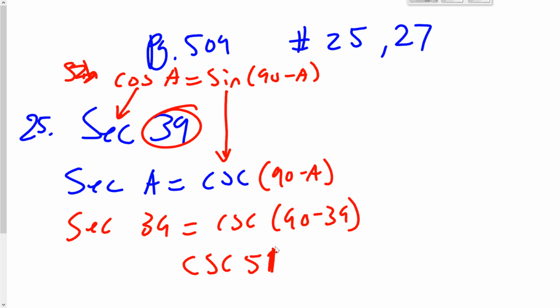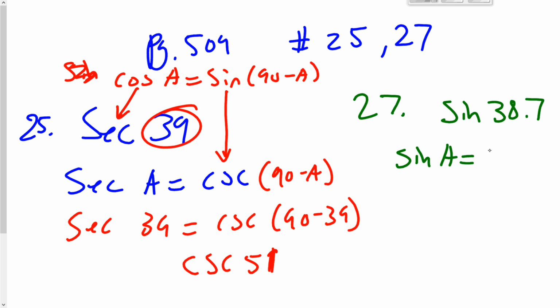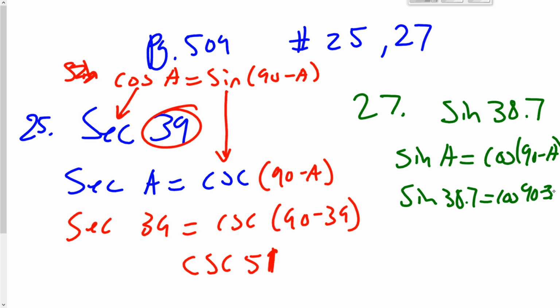Okay, and then we have number 27. Number 27 is looking at sine of 38.7. Sine of A, the cofunction is cosine of 90 minus A. So sine of 38.7 equals cosine of 90 minus 38.7.